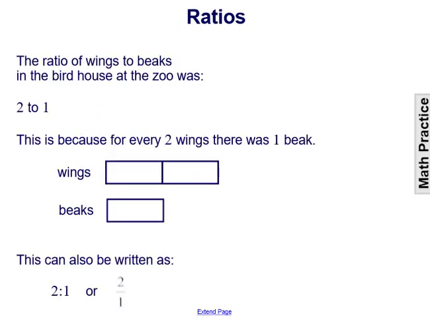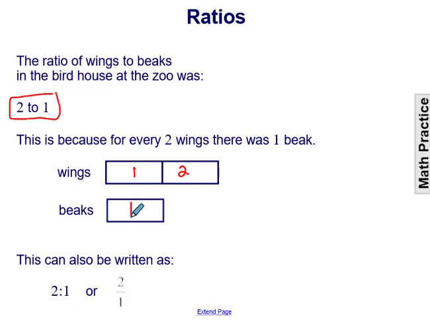Here we have an example. The ratio of wings to beaks in the birdhouse at the zoo was 2 to 1. So this is the ratio we're given. Visually, this is because for every 2 wings, there was 1 beak. We have 2 wings for the 1 beak with our tape diagrams.